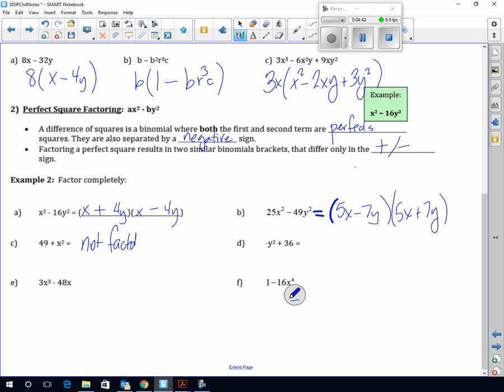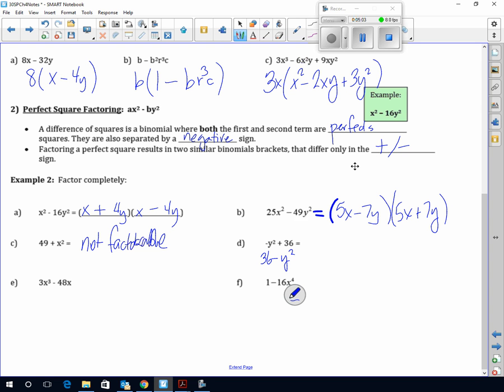This one, before I do it, I would probably rewrite as 36 minus y squared, because you need to have it written as a difference, right? Okay, so what do we get? 6 minus y, 6 plus y. Does anybody have anything different? It does matter.